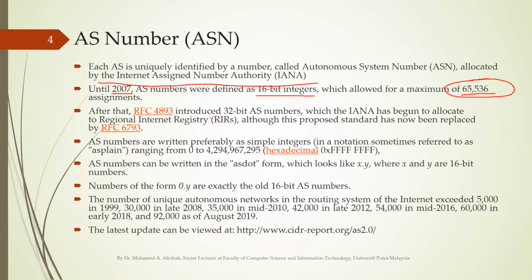So, for example, for Asia, there's one. For Europe, maybe there's one or two. Also for Asia, there's one or two or more. We don't know. This RIR actually is responsible for the assignments to the local networks.